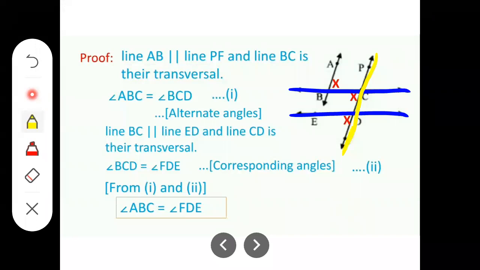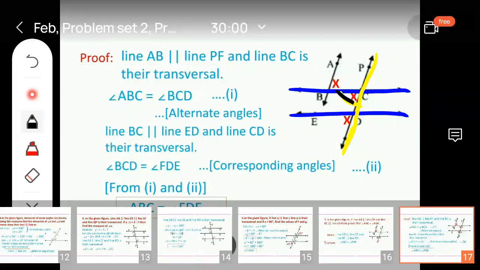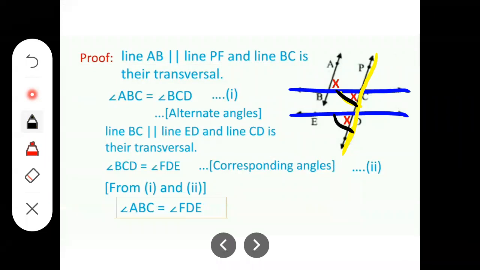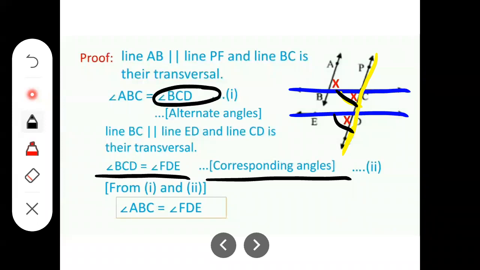Here, this mark, see this angle and this angle, those are corresponding angles and will also be equal to each other. Now see equations 1 and 2. Angle BCD is common in both the equations.